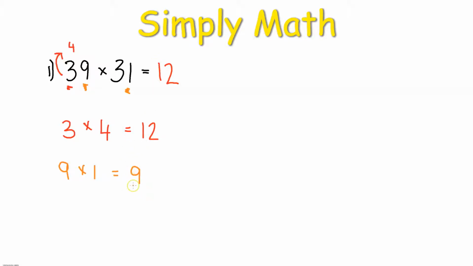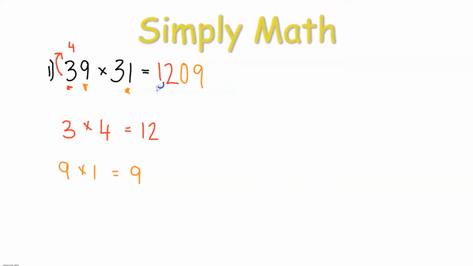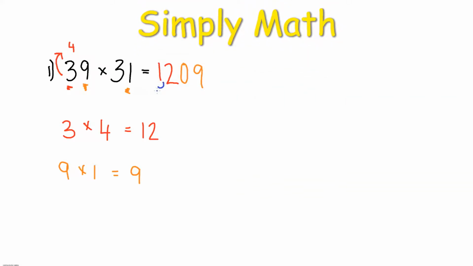And also, for the second part, when you get a single digit number, make sure to add a 0 next to it. So since I got 9, I'm going to write 09. That's our answer to this question. It's 1209.